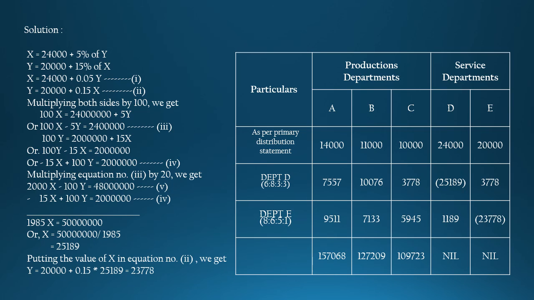So after distributing overheads among production departments, service departments D and E become nil, and the total amount after this secondary distribution for department A is 1,57,068. Then for B it's 1,27,209, and for C it's 1,09,723.